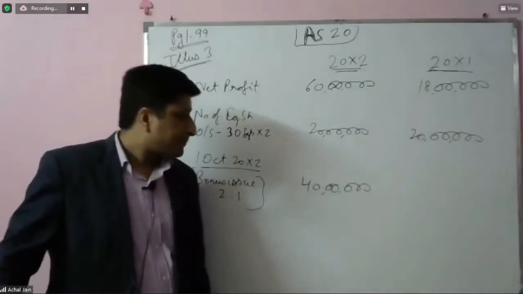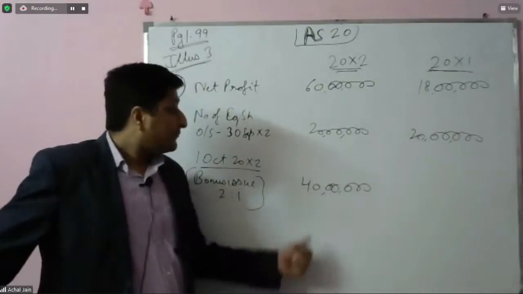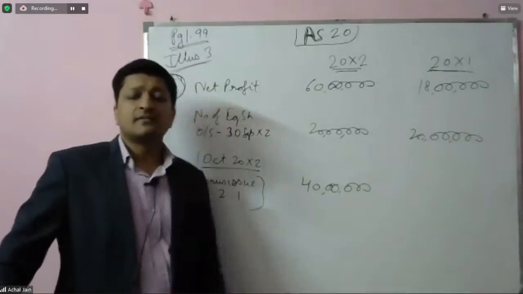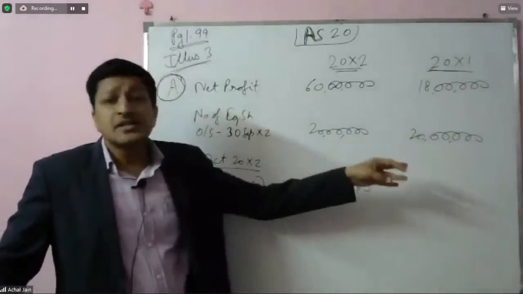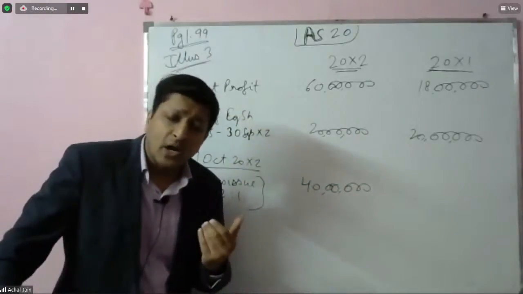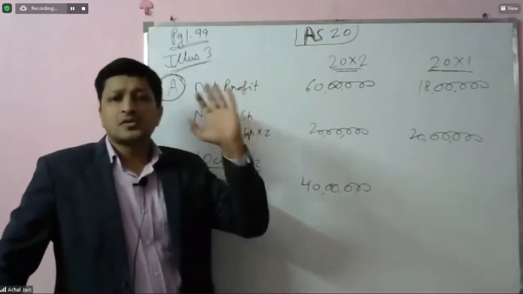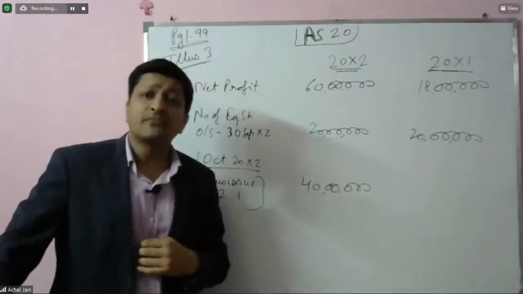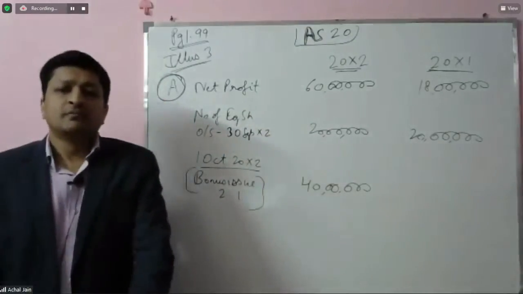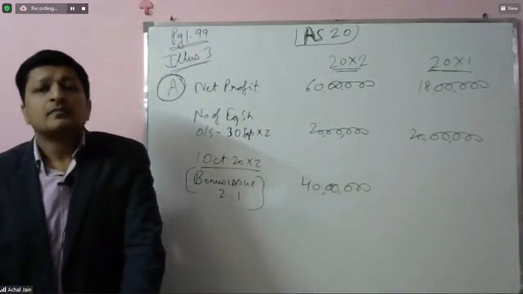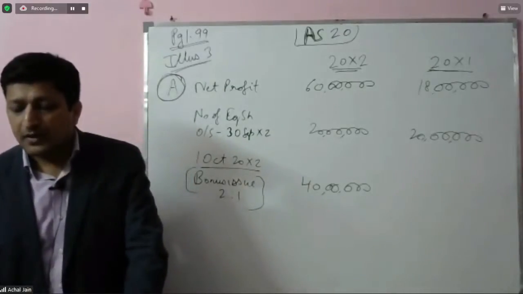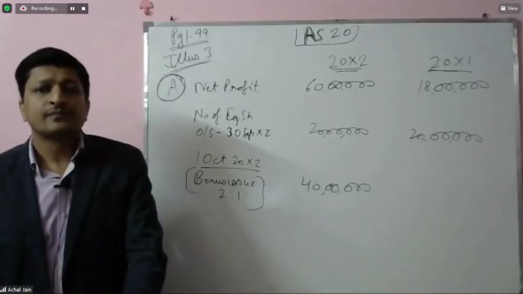If there was no bonus issue, this calculation would have been very easy, because I would have considered 20 lakhs as the number of shares which remained outstanding throughout this period. But unfortunately, there has been a bonus issue during the year, which will require me to compute the weighted average number of shares.